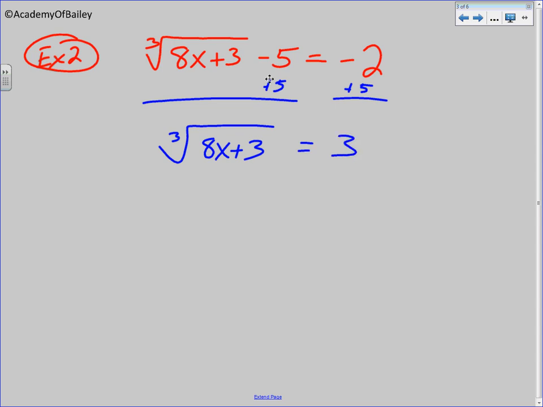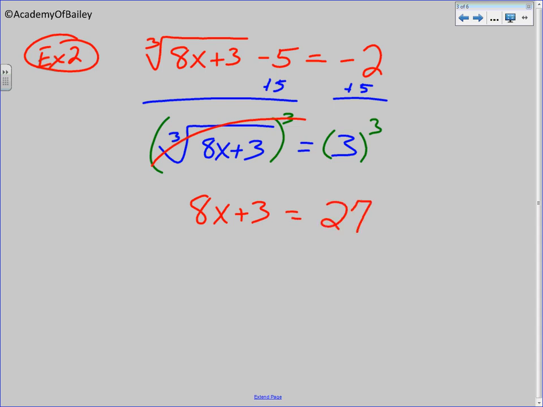Now, what's the opposite of the cube root? It would be to cube a number. And so these cancel out, leaving us with 8x plus 3 is equal to 27.